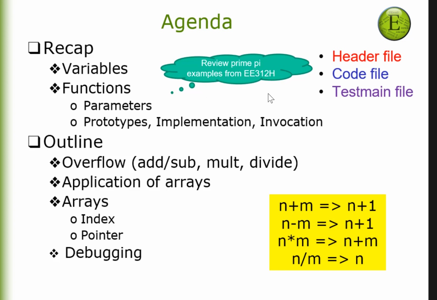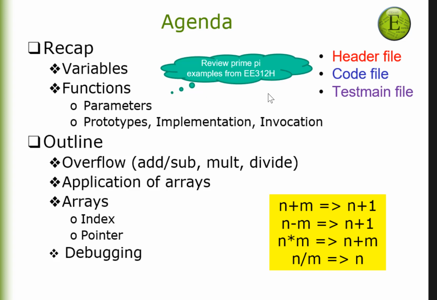The declaration or prototype is just the output parameter type, the function name, and the input parameter types. That in entirety is a prototype, and they go in the header file. So in the header file is information about what the function does. What are its inputs? What are its outputs?